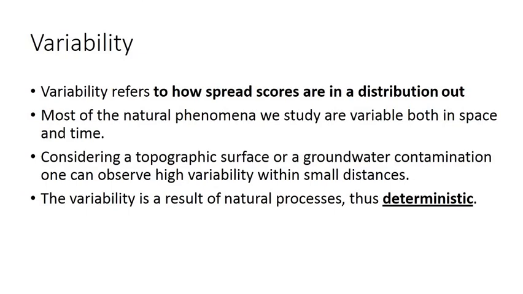Variability is a result of natural processes that are deterministic. So we can determine this variability. Take note of this word, deterministic. By the word deterministic, we mean that it is predictable. We can predict that, or it does not have uncertainty.